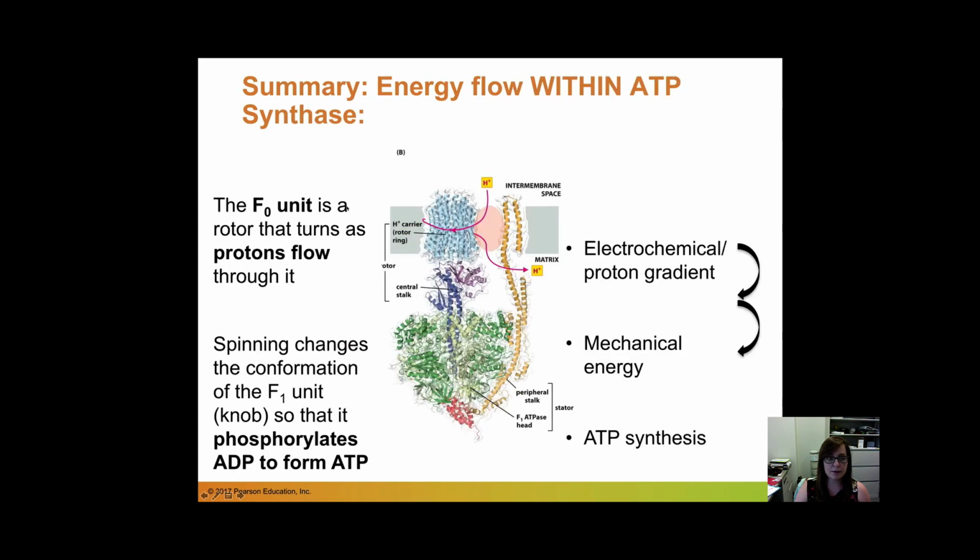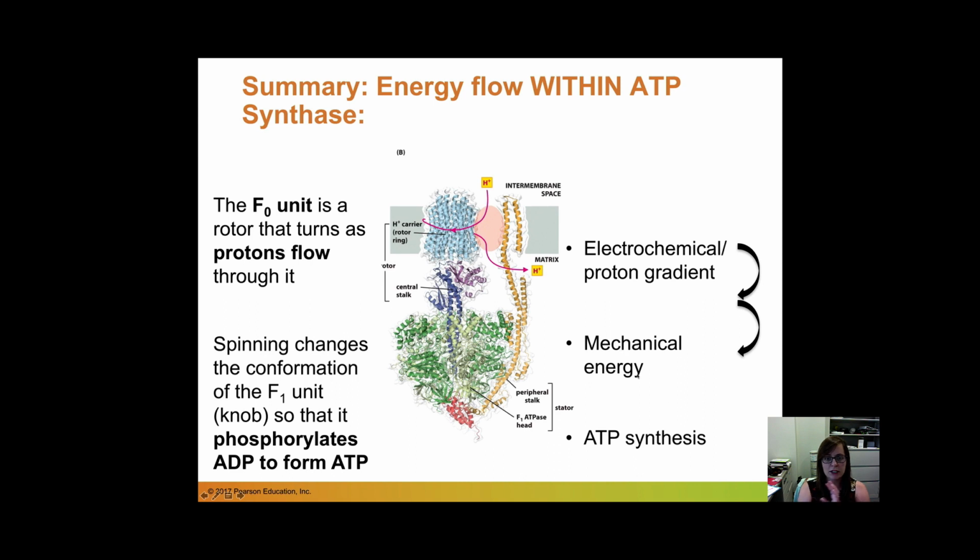So in summary, what's occurred is we've used electrons moving down the electron transport chain to generate a proton gradient. So step 1, we've generated a proton gradient. We then take that proton gradient, and it flows through the ATP synthase down its concentration gradient to create mechanical energy.